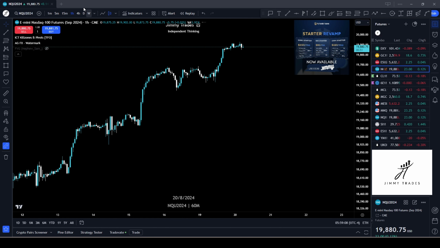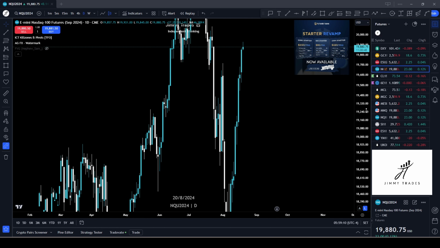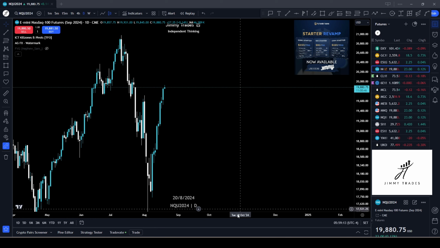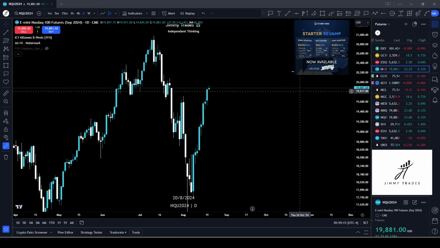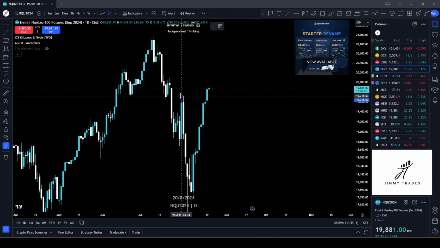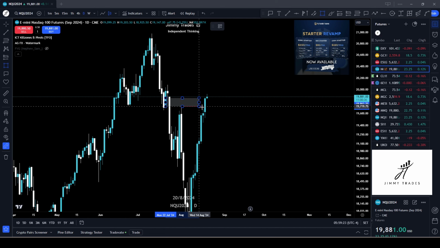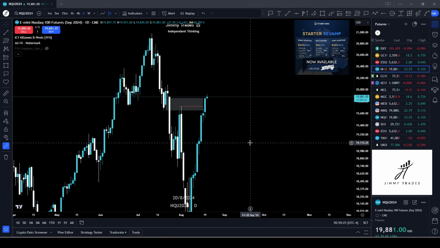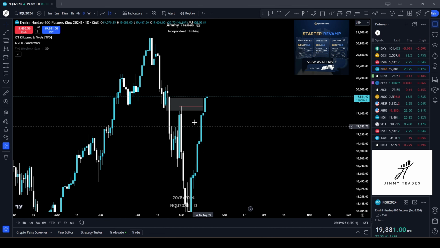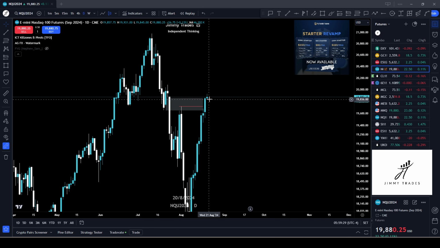Okay, NQ on the daily. So we closed above external. We also filled the remainder of this gap. The remainder of this gap has been filled.